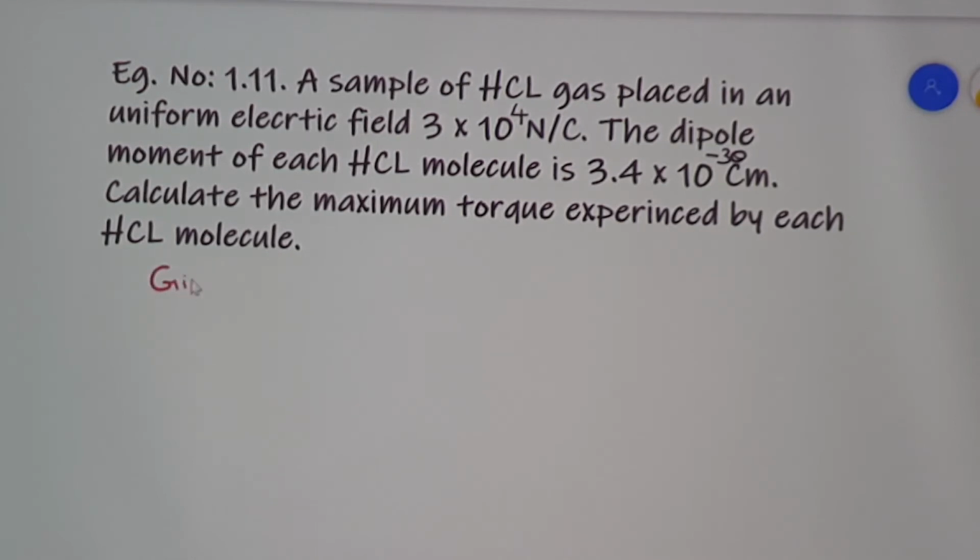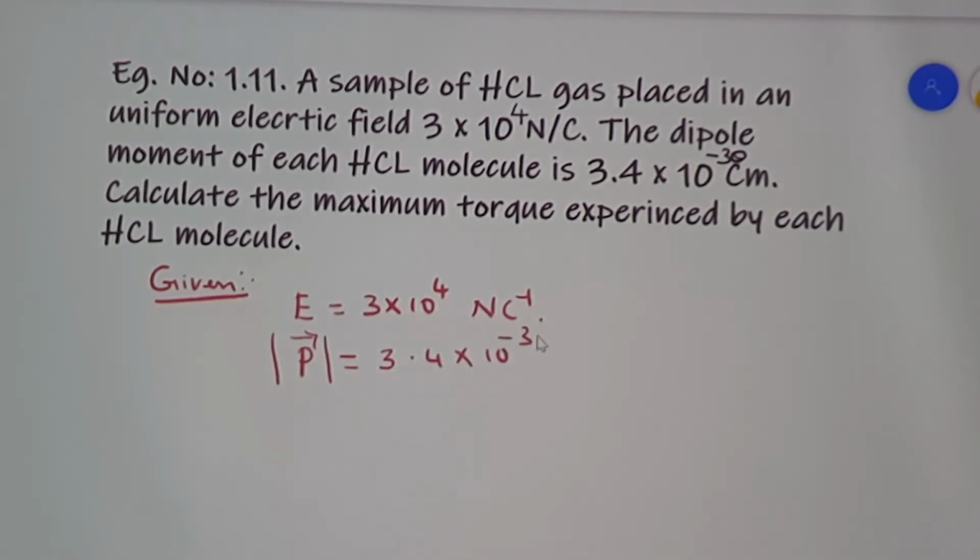So let us write what are the given data. A sample of HCl gas placed in an uniform electrical field. So the value of the electrical field E is equal to 3 into 10 to the power of 4 Newton per coulomb. Then the dipole moment is given by P vector, let us consider the magnitude, P 3.4 into 10 to the power of minus 30 coulomb meter.